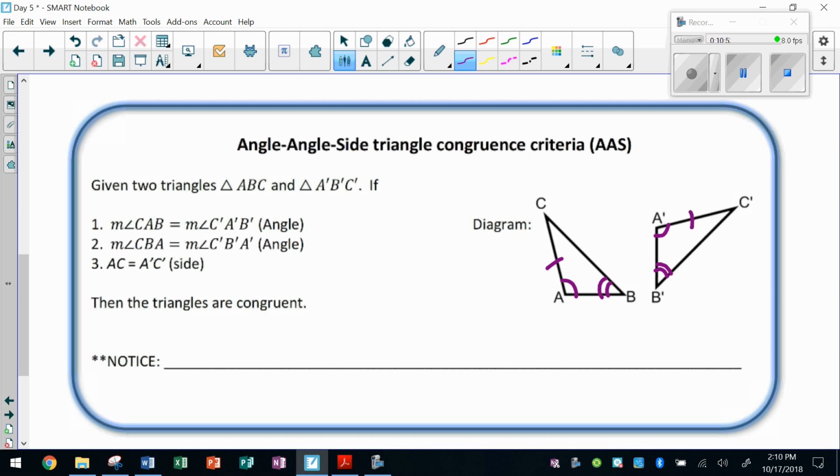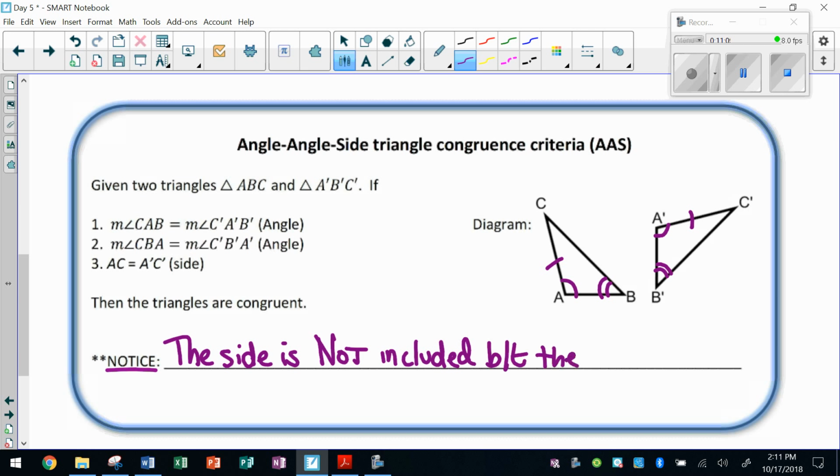So the notice here is to be careful and watch out where your side is. The side is not included between the angles. Most kids get angle side and angle side angle confused because they accidentally think that the side is here when it's not.